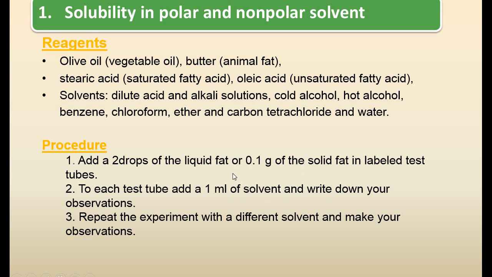This solubility test is based upon the solubility of lipids in organic solvents and their insolubility in water. You can observe that oil will float on water because of its lesser specific gravity, and oil will dissolve in non-polar solvents but does not dissolve in polar solvents.